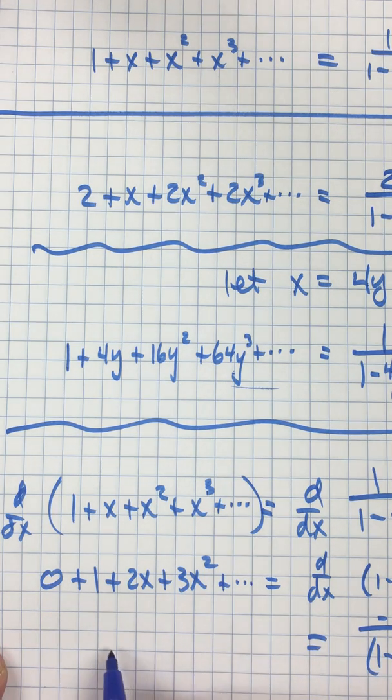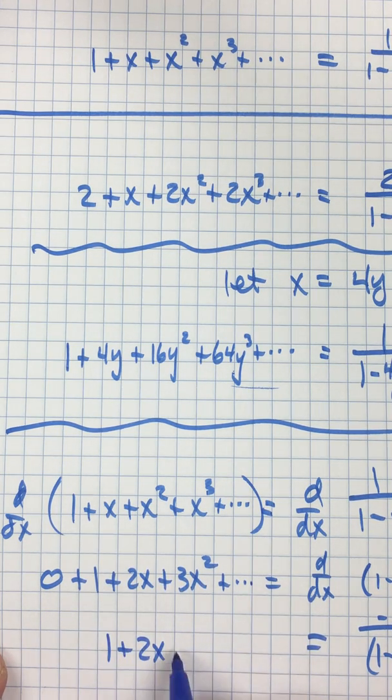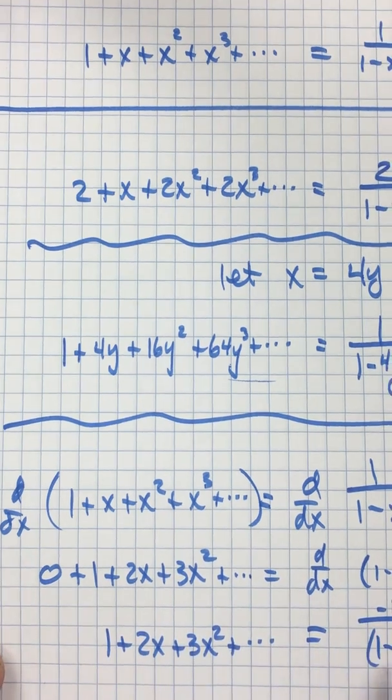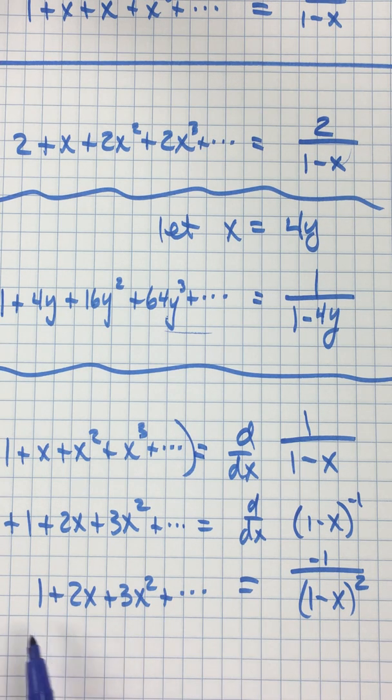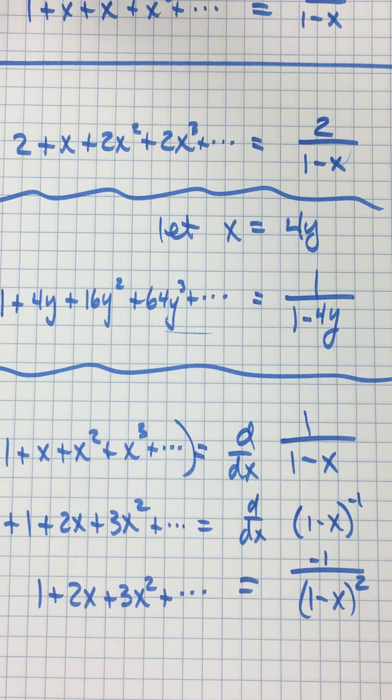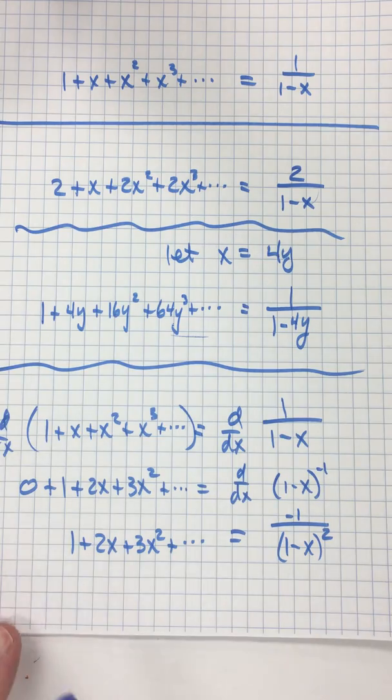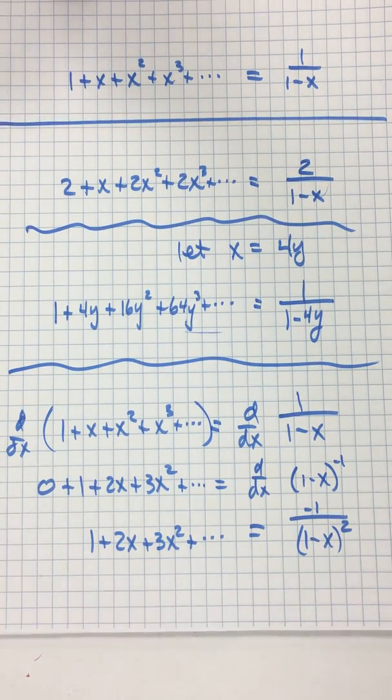And so what I end up with is a new power series that's equal to this new expression. Notice this power series doesn't have constant coefficients. My coefficients change. It's a different power series, but it's the same concept as far as being able to set these two things equal to each other.